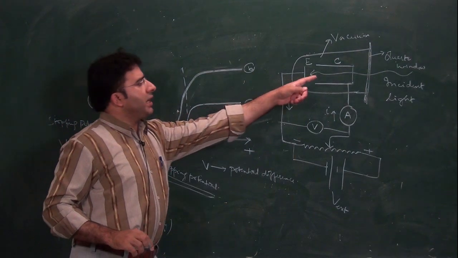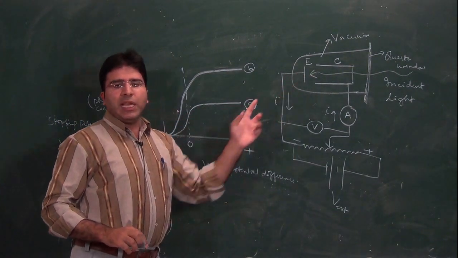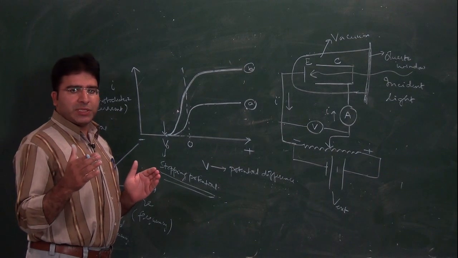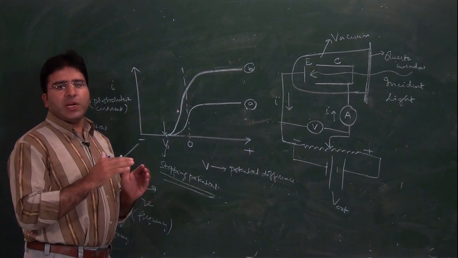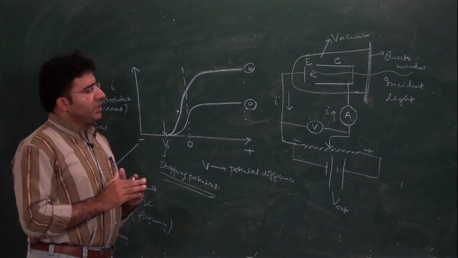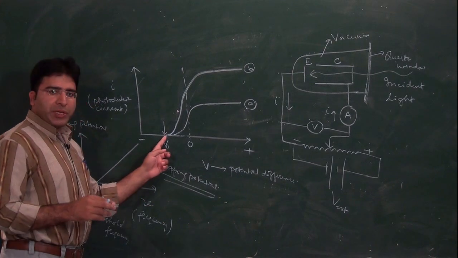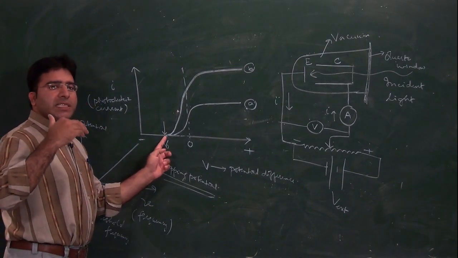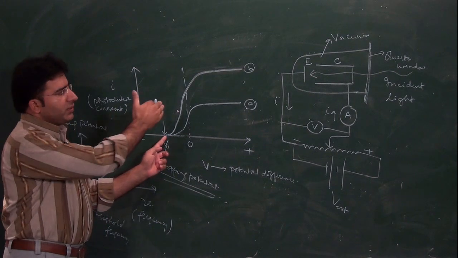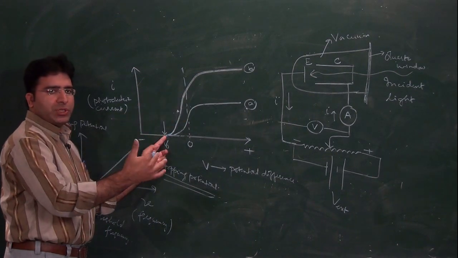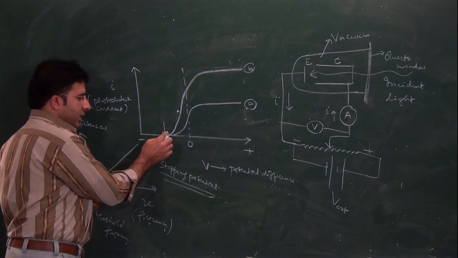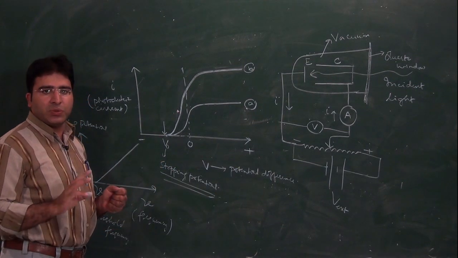When light strikes the emitter, the electrons which leave the emitter surface do not have the same kinetic energy. Some are moving fast, some are moving slow. At stopping potential, even the fastest electrons cannot overcome the opposition. Opposition is huge. Therefore, the fastest ones stop at stopping potential. There is no current.